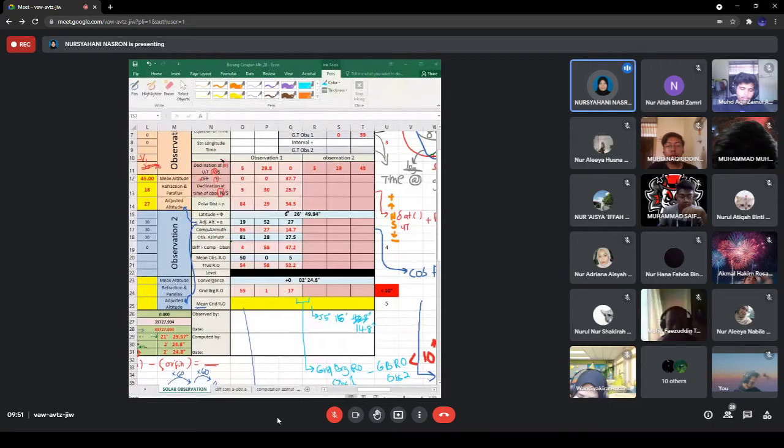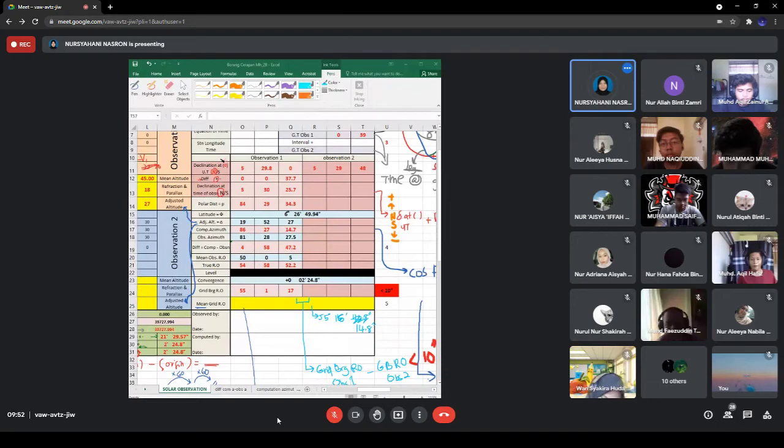You know the way to collect data, the procedure of solar observation, and then you are able to determine azimuth based on sun position. Kita tak habiskan lagi yang ini, tapi daripada topik yang saya ajar dah tamat.